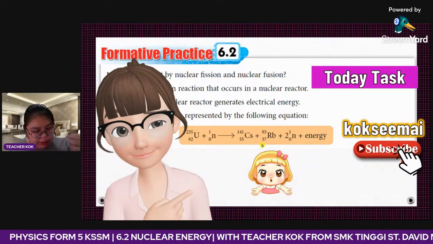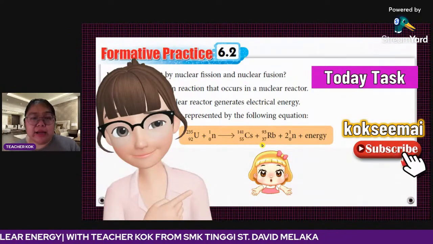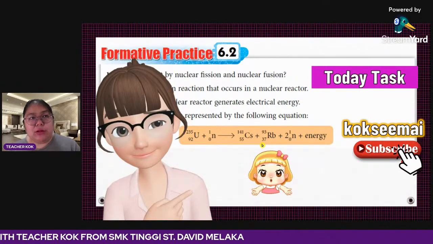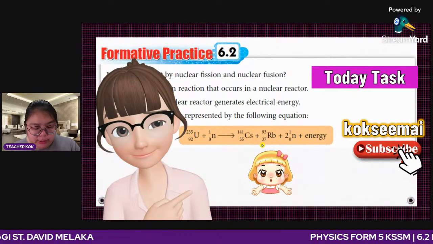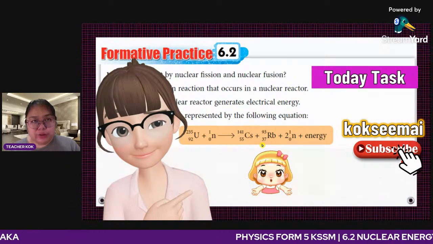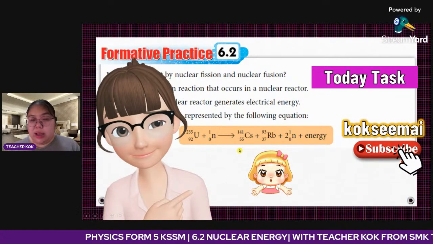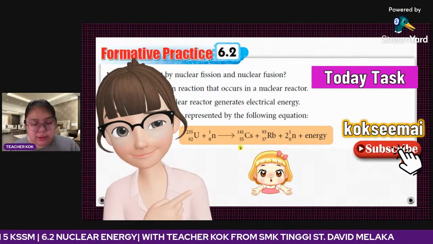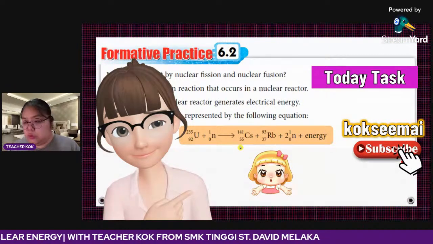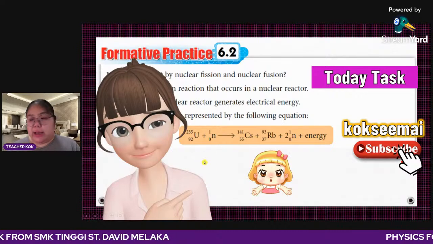The code is a hashtag, then ENERGY in capital letters, then an underscore, then 2021. Hashtag first, then energy in capital letters, then underscore, then the number 2021. Anybody here can help to type?